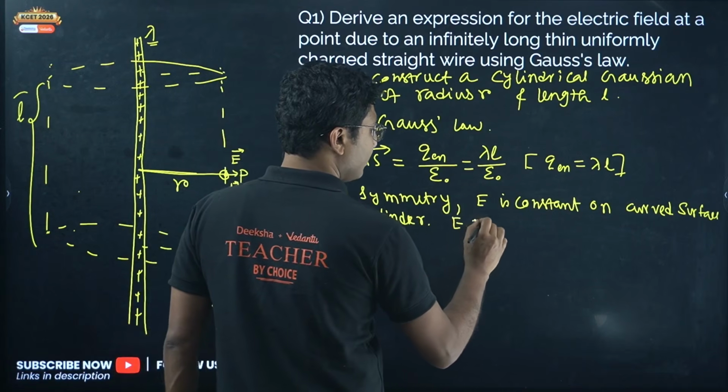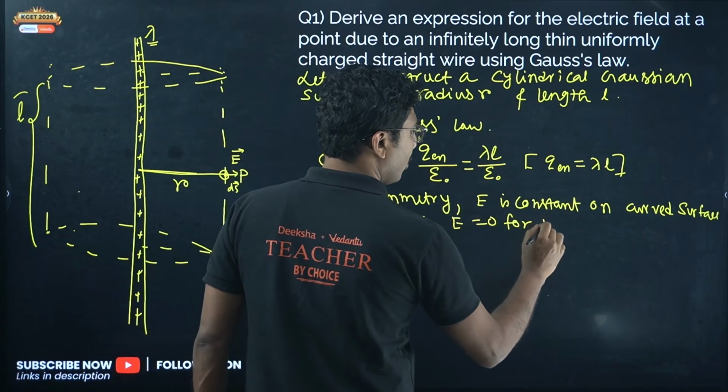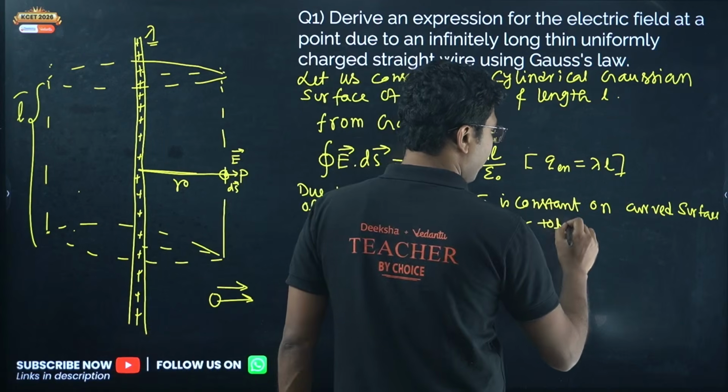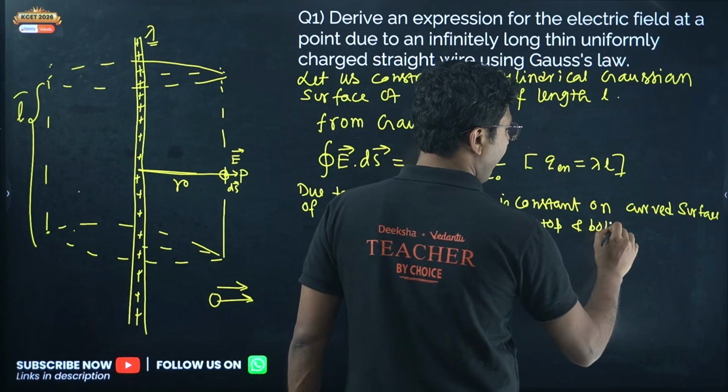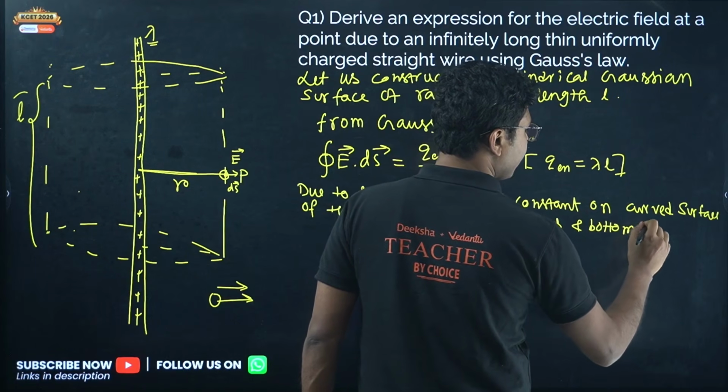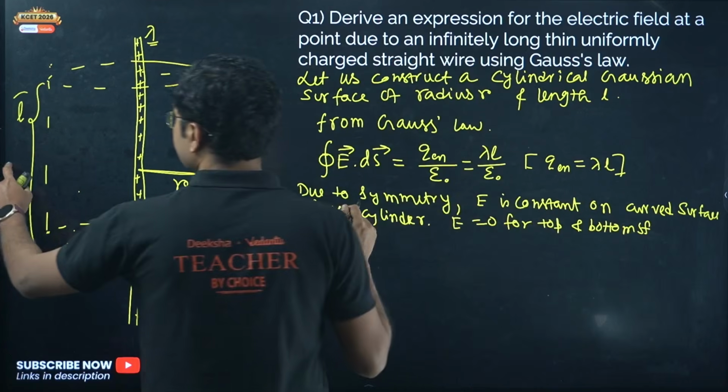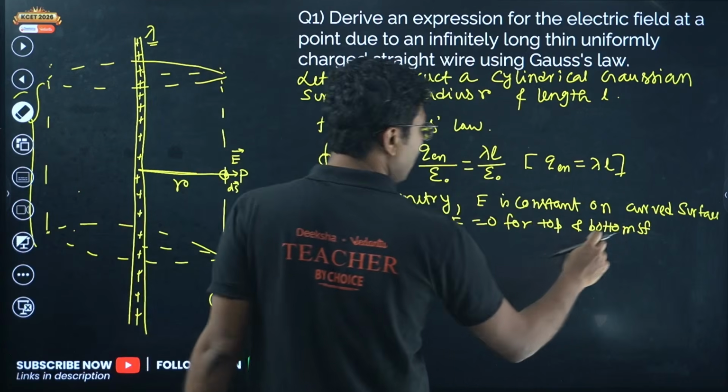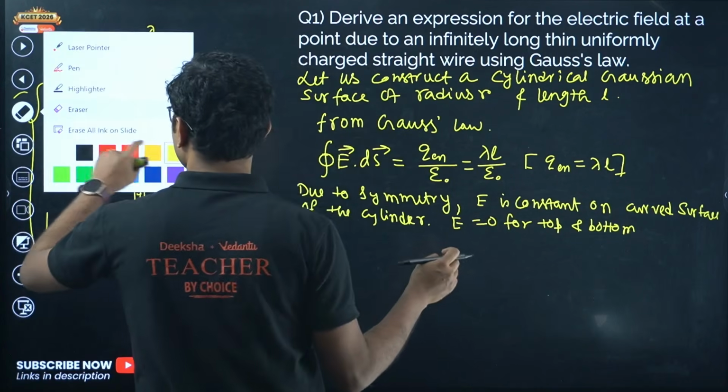E equals 0 for top and bottom surfaces. So E equals 0 on top and bottom means what?